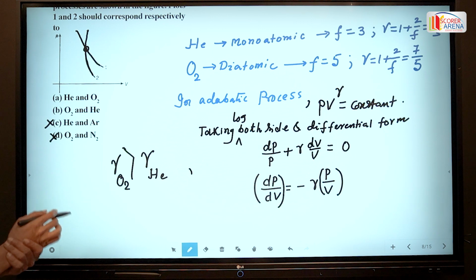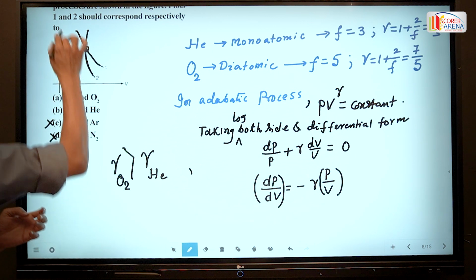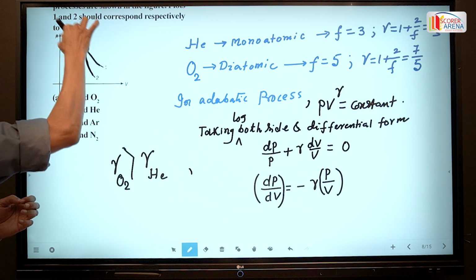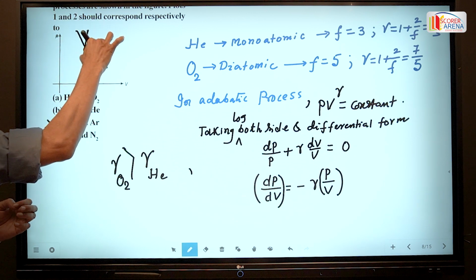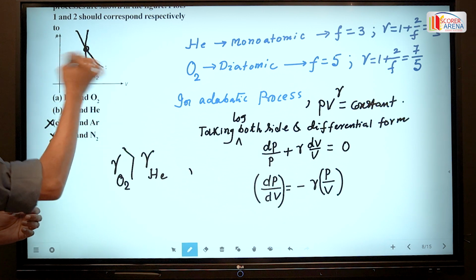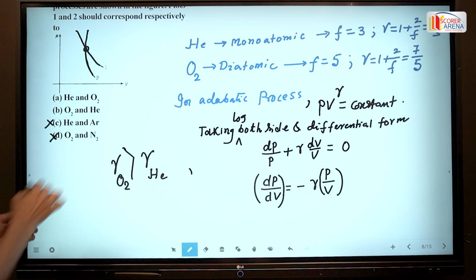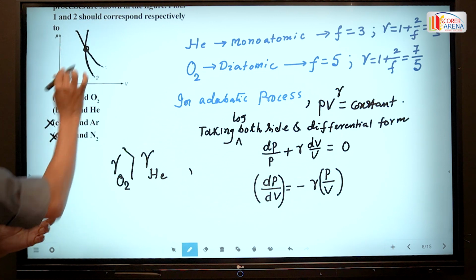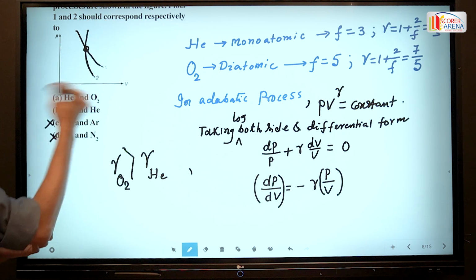And option B, since graph 1 corresponds to monatomic gas and graph 2 corresponds to diatomic gas, 1 and 2 should correspond respectively. So 1 should be monatomic and 2 should be diatomic.